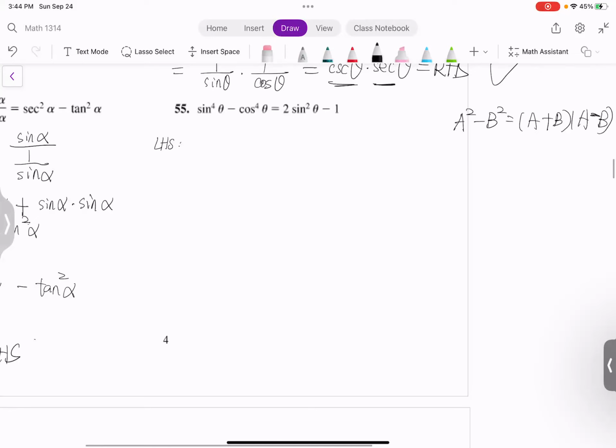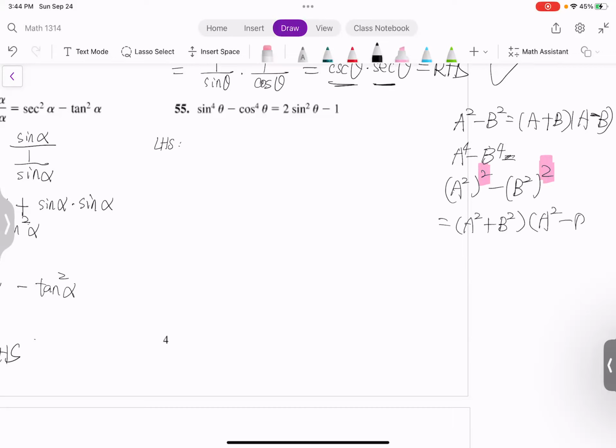Okay, if you remember that, if I have a to the fourth minus b to the fourth, so I know that a to the fourth is a squared, and b to the fourth is b squared. Oh, this is the conjugate formula again. You see the power here? This is a squared plus b squared, then multiply by a squared minus b squared.